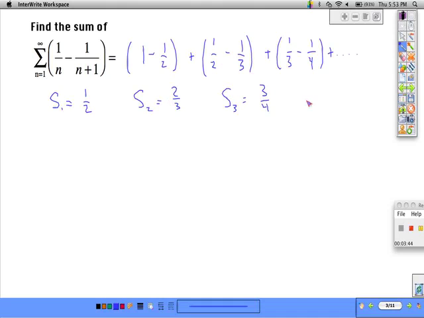And the nth partial sum, if we're looking at this sequence of partial sums, can be given by 1 minus 1 over n plus 1. And the limit of that as n goes to infinity, the second piece goes to 0, so this limit is equal to 1.